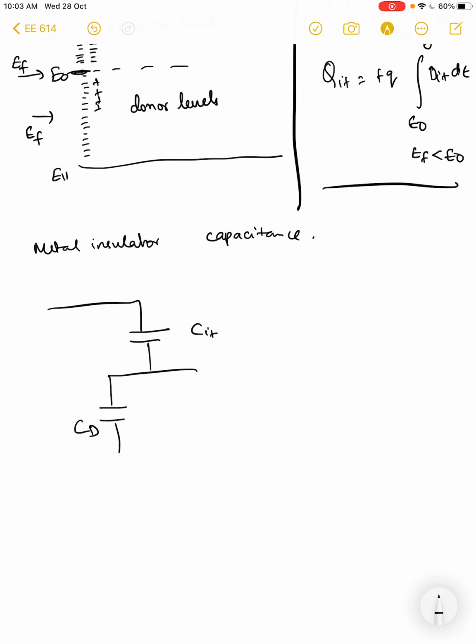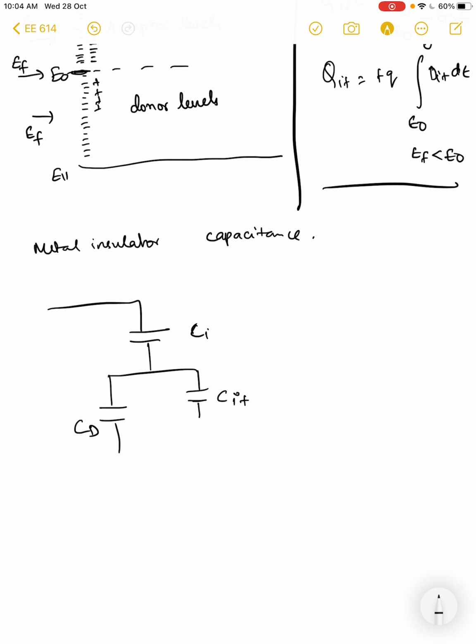So previously we saw that, this is the insulator, not the interface. You have an insulator capacitance, and then you have depletion capacitance. In the ideal situation, you have the depletion in series with the insulator, right? But now that you have trap charge densities, you have the trap charges sharing the depletion charge, but having the same potential, right? Because it sits on the semiconductor interface, the total potential remains the same, but it shares the charge. So you have the interface charges in parallel with the depletion, and in series together with the insulator, right?